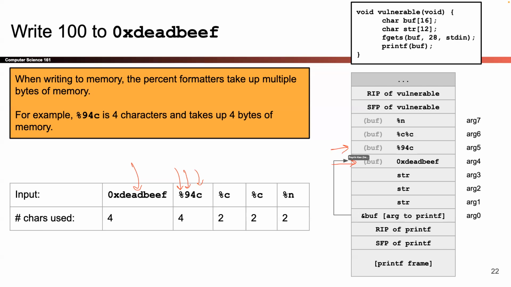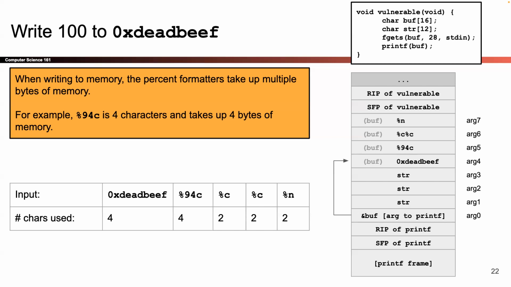So there they go, they're right there. What comes next? A percent character, a C character, percent character, C character. That's 4 characters in total, fills up that row. Then I have a percent and an N, that's 2 characters, fills up part of that row. And all of this fits inside buffer, it's less than 28 characters. So that's my input. And that's what it looks like on the stack. Okay.